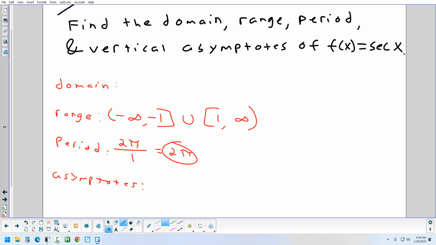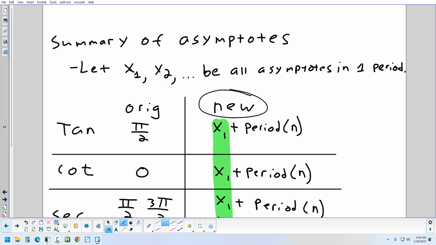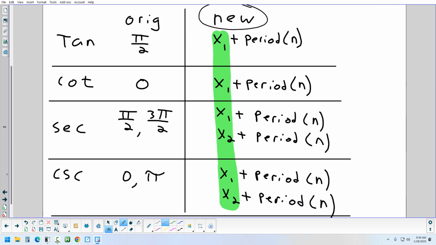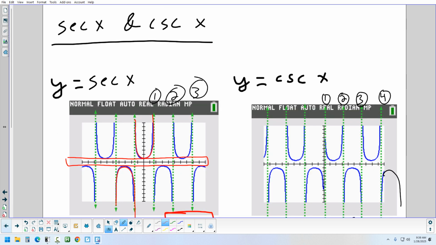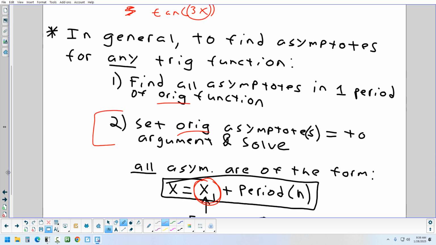Okay, let's do the asymptotes. We're doing secant. What are my 2 original asymptotes that I gave you in the table for secant? Pi over 2 and 3 pi over 2. And it says to take each of those, set them equal to the argument, and solve.